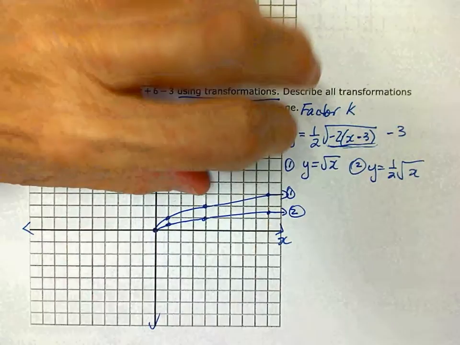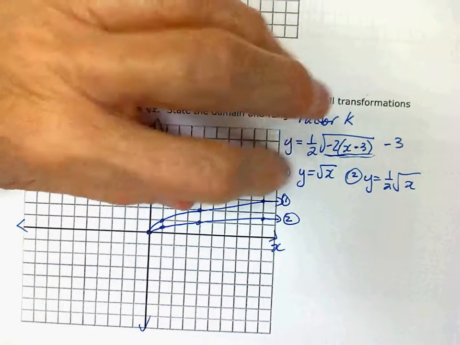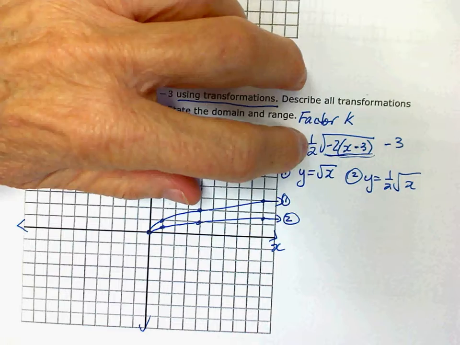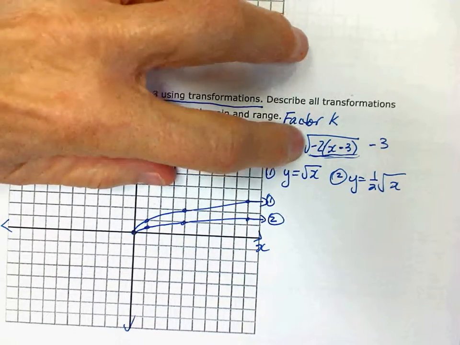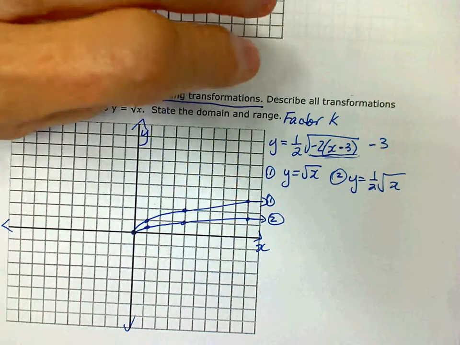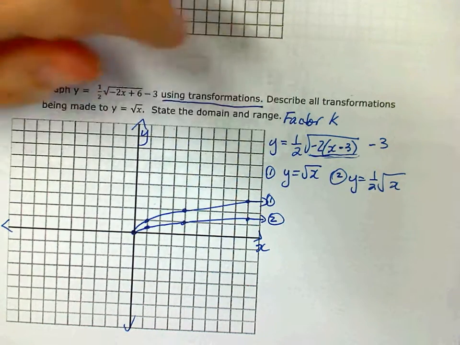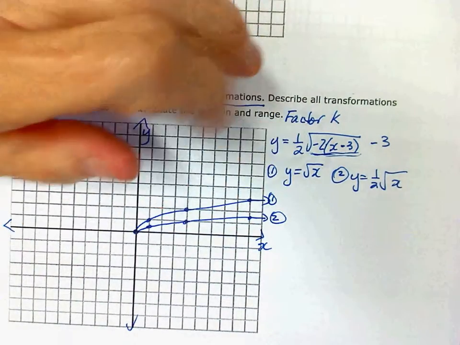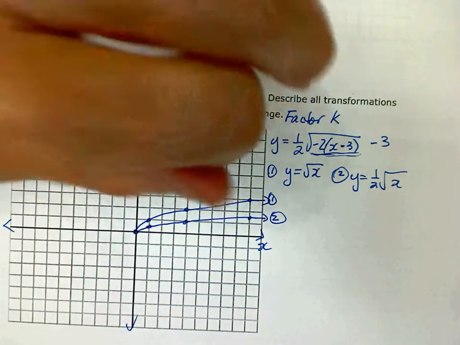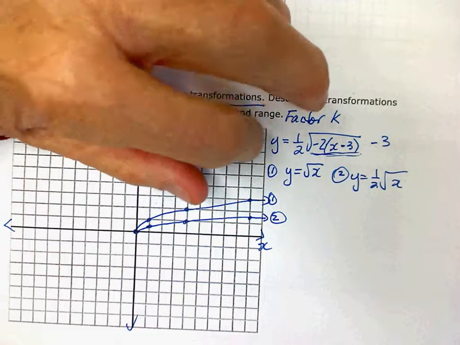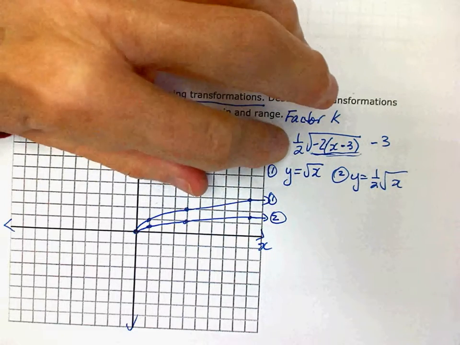Now, I handled the half. Now, just follow your equation. Just go from left to right, and you won't get the wrong order, because they have to be graphed in the right order. They have to be described in the right order, or you don't get the right transformation. So that's a half. We took care of that.